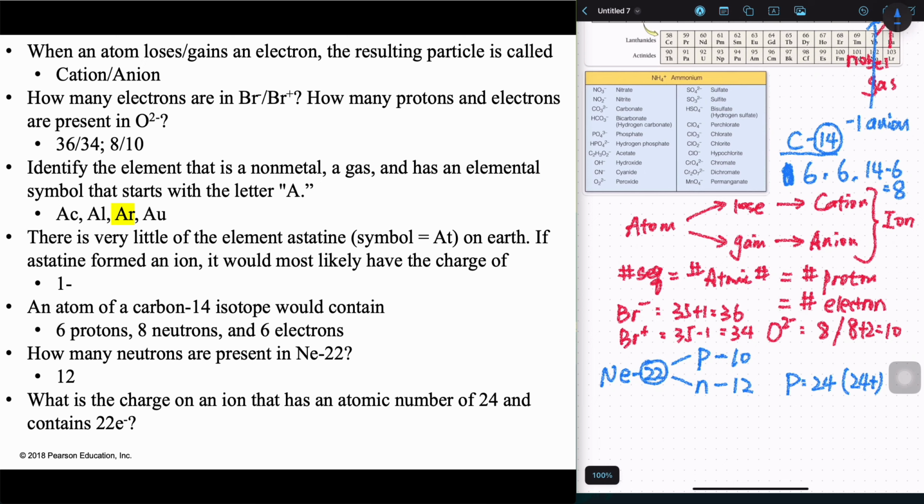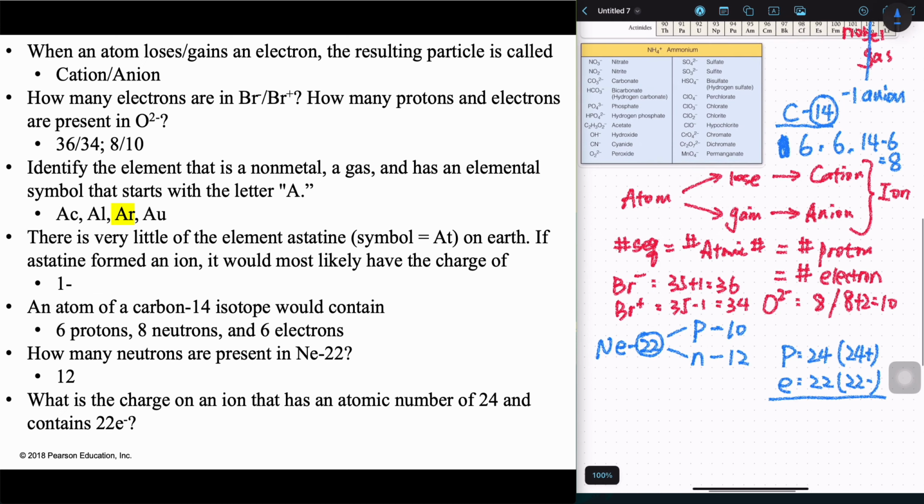The number of electrons is also given. The number of electrons is 22, which means there are 22 negative charges. Therefore, the net charge for this ion will be plus 2.